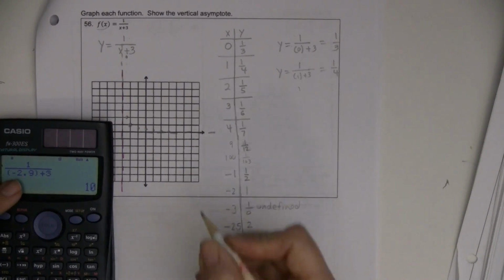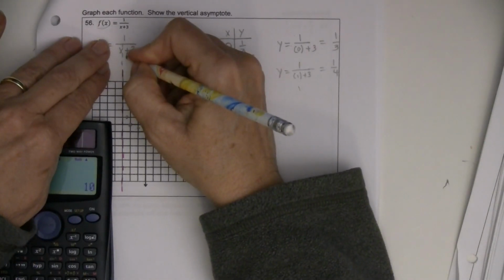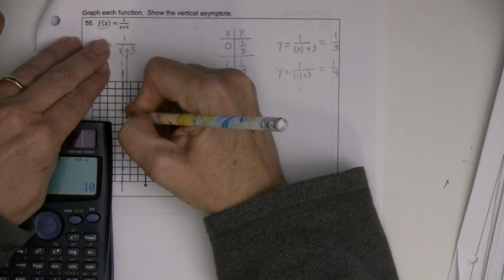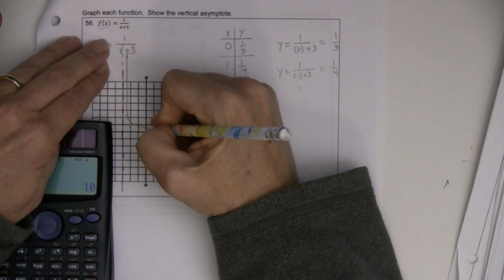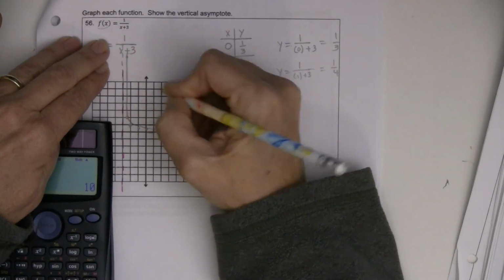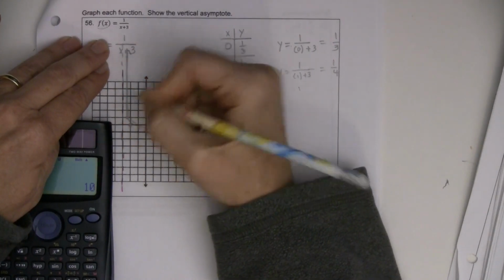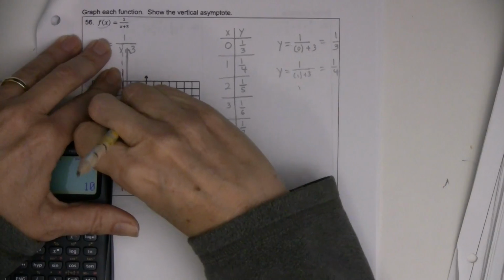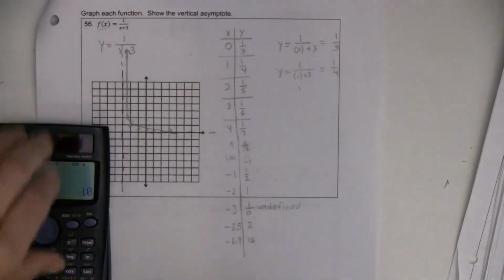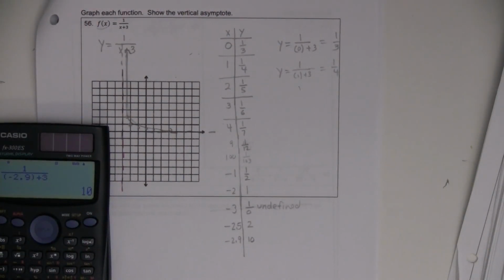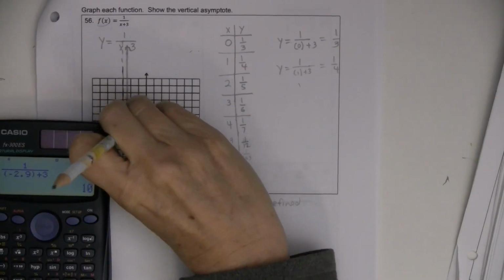And you can see that on this side my graph goes like this, almost straight up there. Not quite straight up, but almost. Okay, so we have a lovely drawing there.